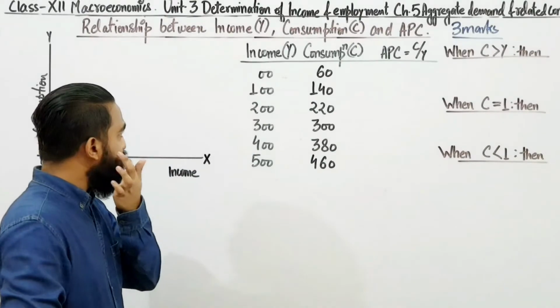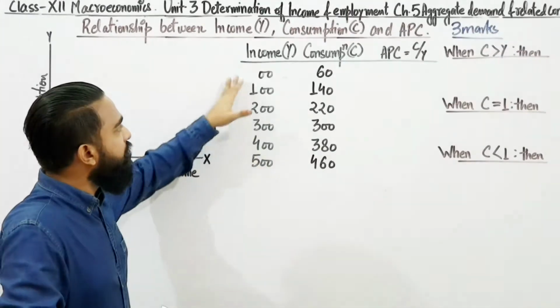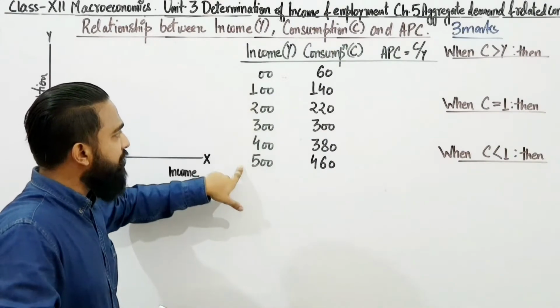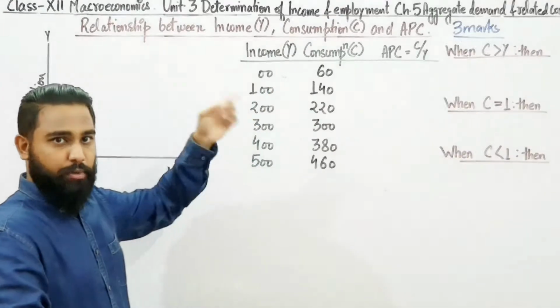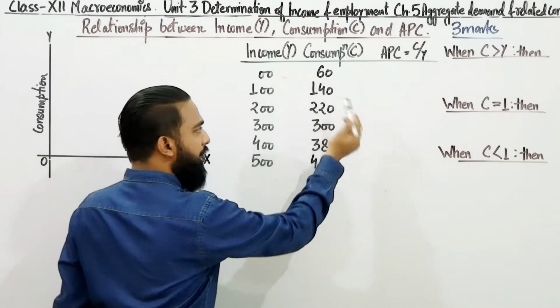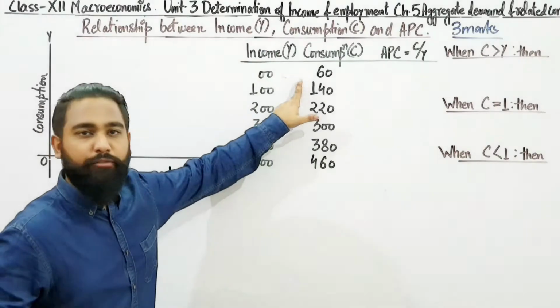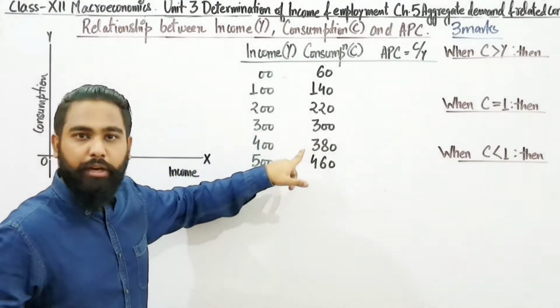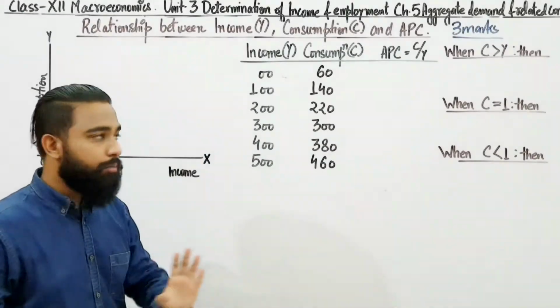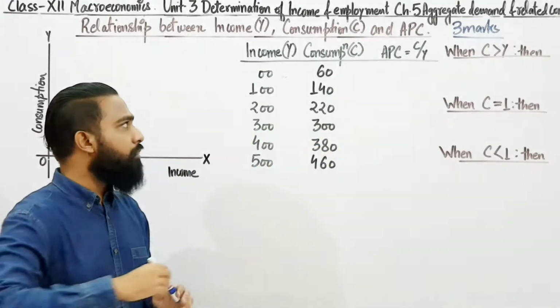Fine. Now we have taken the previous schedule under which the income level is 0 to 500 and the consumption starts at 60, and then 80 is added each time. That makes them 140, 220, 300, 380 and 460. Understood? Now we have to calculate the APC, which you have already calculated.